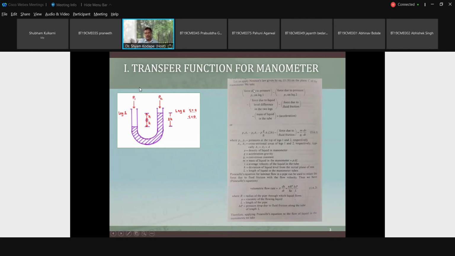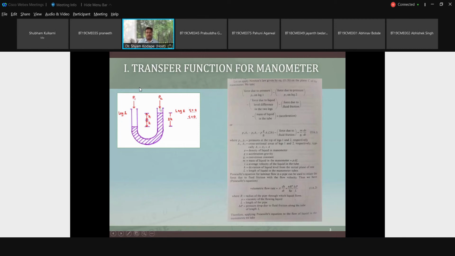See these equations. What are the forces? The very first force is the force due to pressure P1 on leg 1, minus the force due to pressure P2 on leg 2. Why is this a negative sign? The force due to pressure P1 on leg 1 is positive, but the force due to pressure P2 on leg 2 is negative.